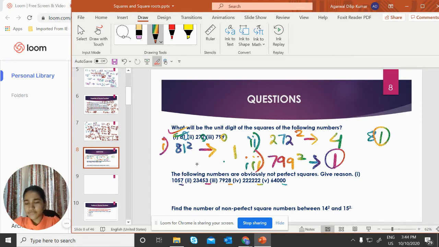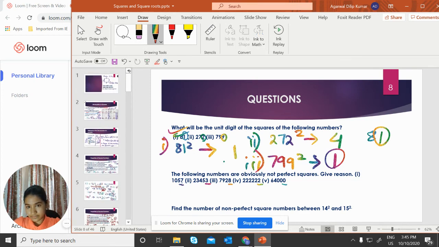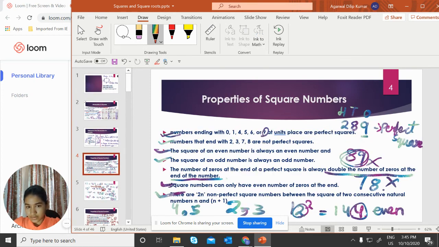As I had taught you in the properties of squares, if a number ends with 2, 3, 7, 8, it is obviously not a perfect square.